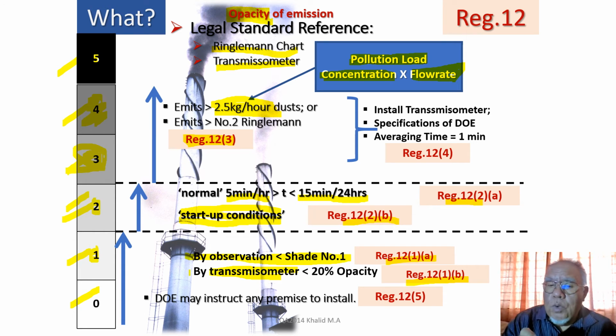If you get 2.5 kilogram per hour, you are subjected to this, what? Requirement to install the, what we call, transmissometer.